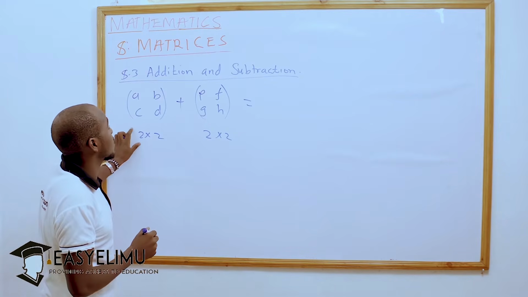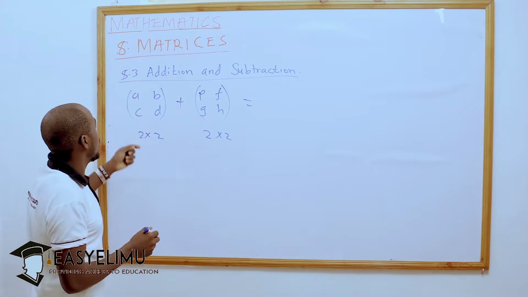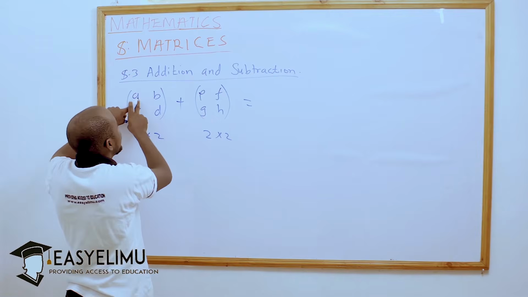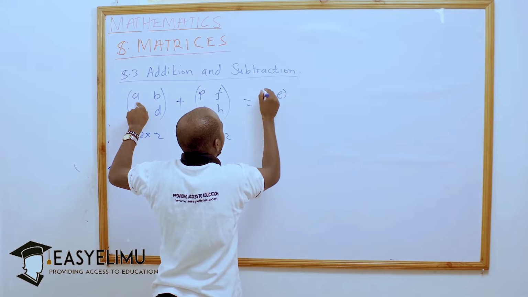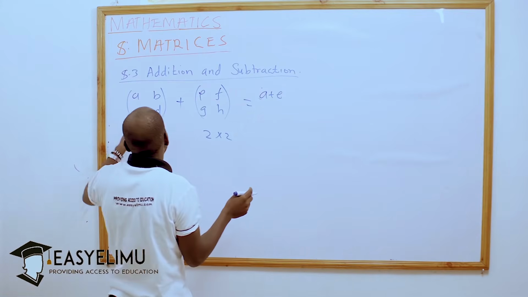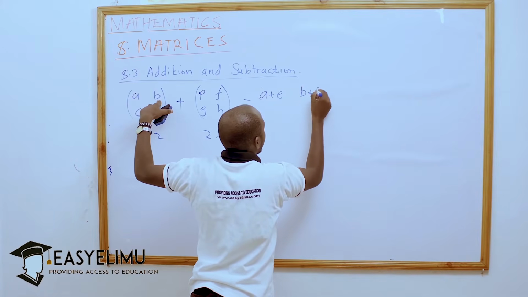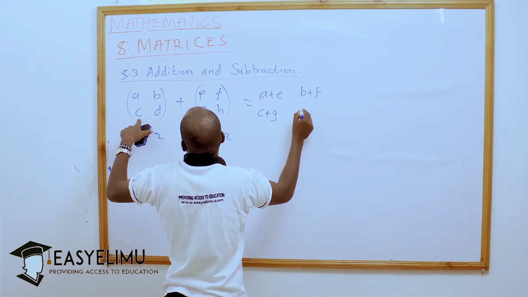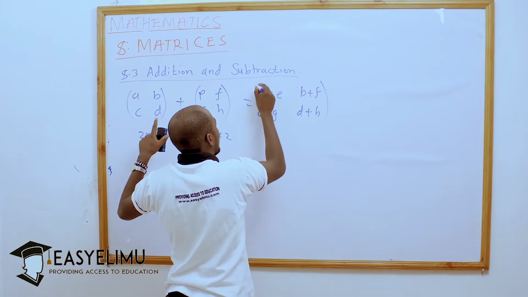Then we can do the sum, and in summing, we take the corresponding elements. Here we are going to take A plus E, then B plus F, and the other one will be C plus G, the other one is D plus H. That is what we sum.